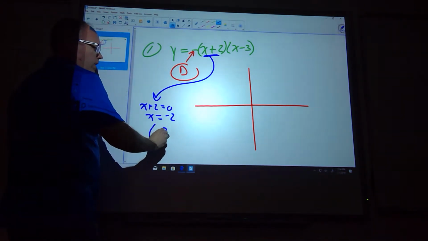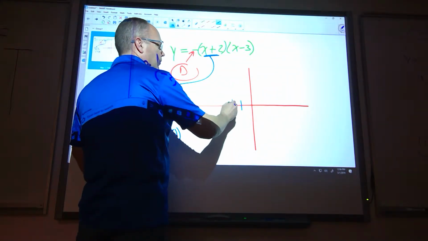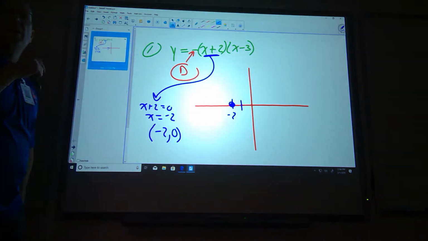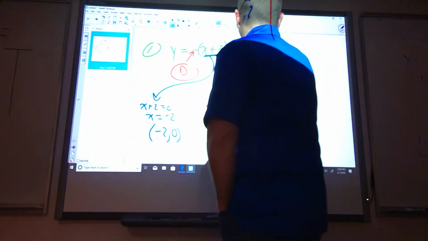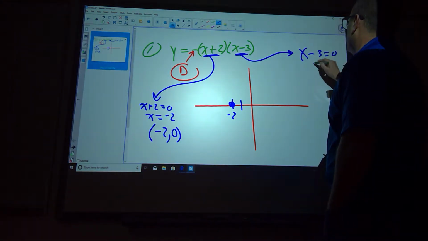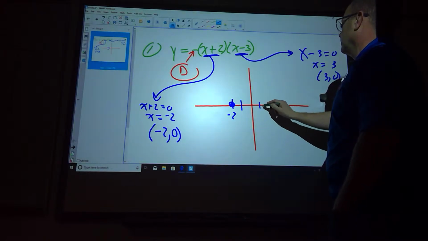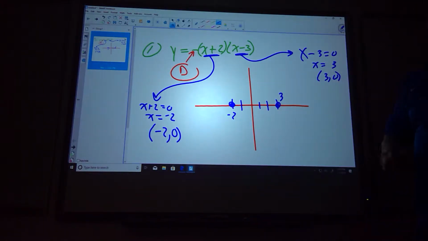So I get negative 2 comma 0. Is that all right so far? And then if I want to graph this one, set it equal to 0, so it's opposite. So that's 3 comma 0. Is that all right so far?